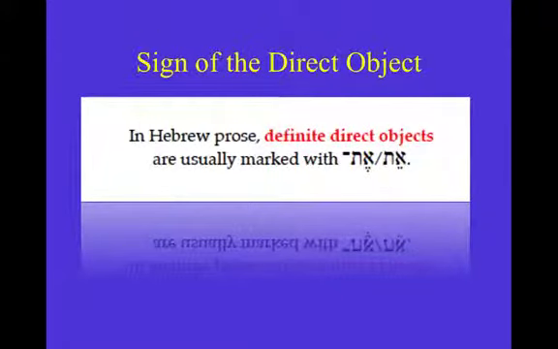The next thing we're going to look at is what's called the sign of the direct object. Now this is a very, very important thing to note. The main reason it's important is that the sign of the direct object basically puts some flashing lights around the recipient of the action. In other words, this is the direct object of the action by the subject in the sentence.